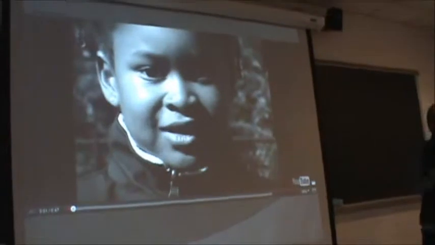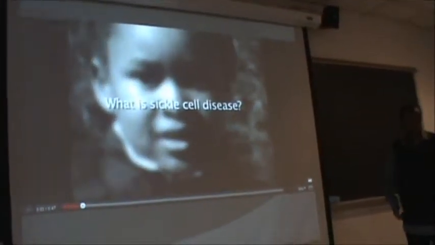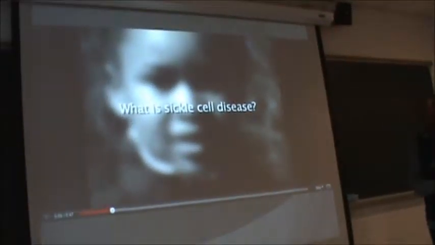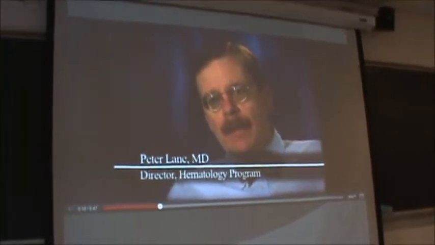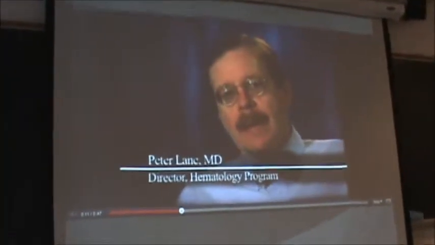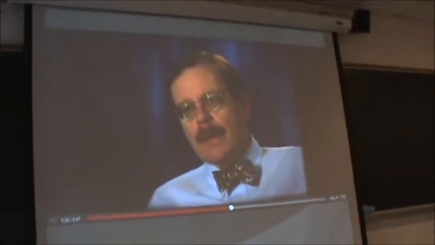What is sickle cell disease? Sickle cell disease is a common inherited blood disease in which the red blood cells, which are the cells that carry oxygen from the lungs to the rest of the body, behave in an abnormal way because they contain an abnormal hemoglobin molecule.